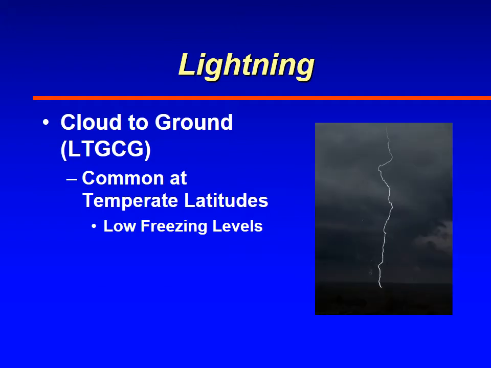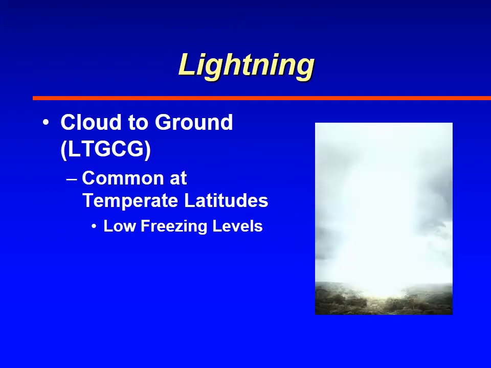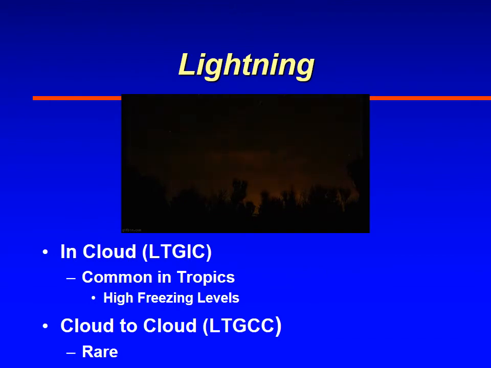So in other words, you'll see this north of 30 or 40 degrees latitude, and also in the southern hemisphere. But in the tropics, since the freezing level is so high, the lightning strike can't make it down to the ground, and it tends to equalize the charge in cloud. So those are more in-cloud lightning strikes.